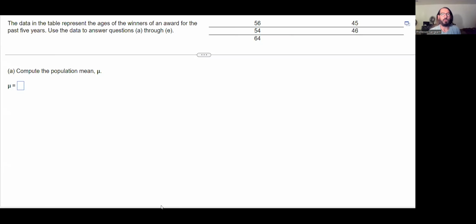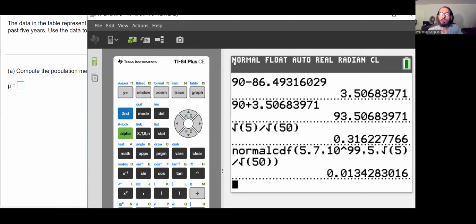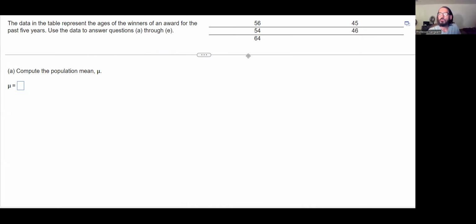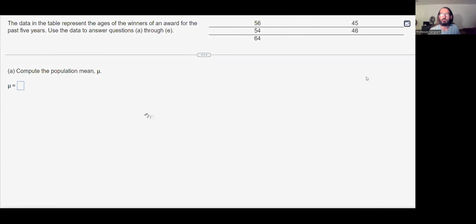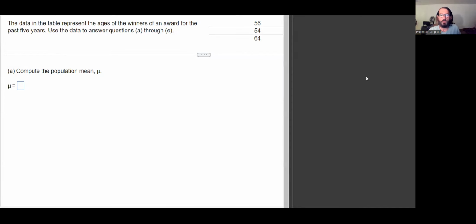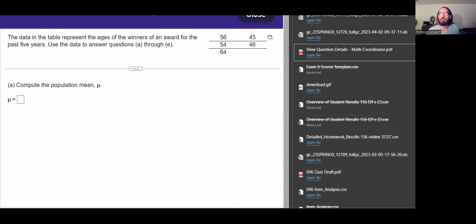Here's a third question. The data in the table represents the ages of the winners of an award for the past 5 years. We want the mean. Get this to move. All right, let's do this. I'm going to open this up in Excel to get that average.